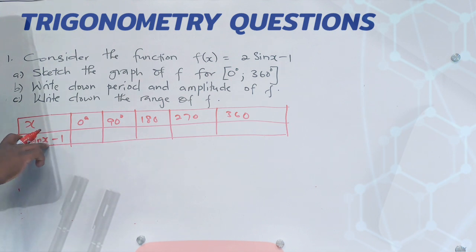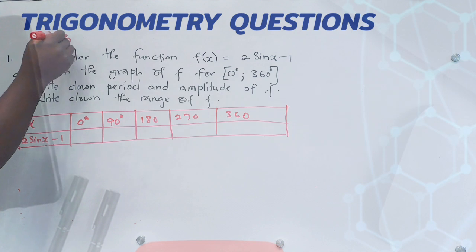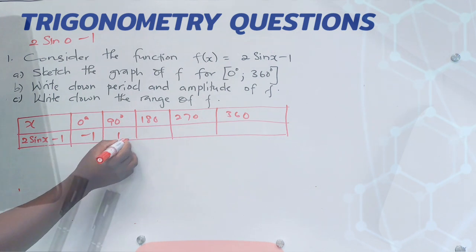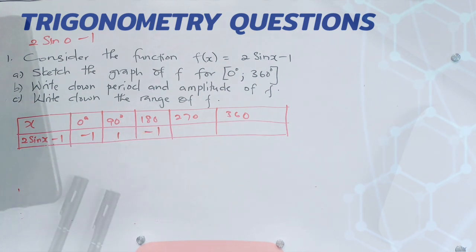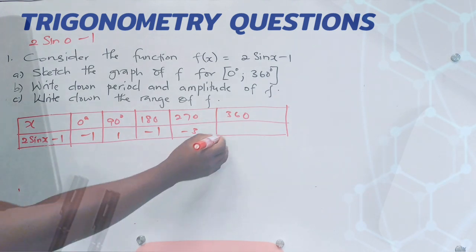In the position of x, we substitute with 0. For example, 2 sine 0 minus 1 will give us minus 1. Then for 90, 2 sine 90 minus 1, we get 1, then minus 1, minus 3 and minus 1.